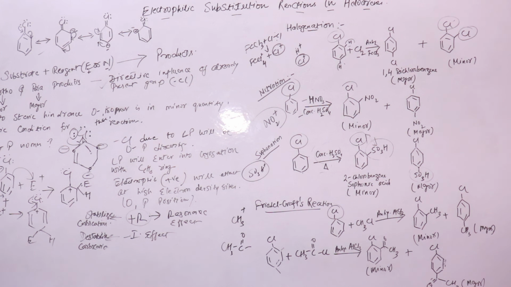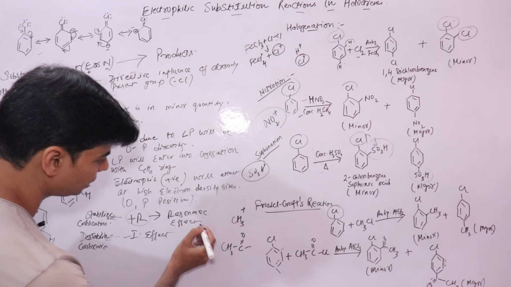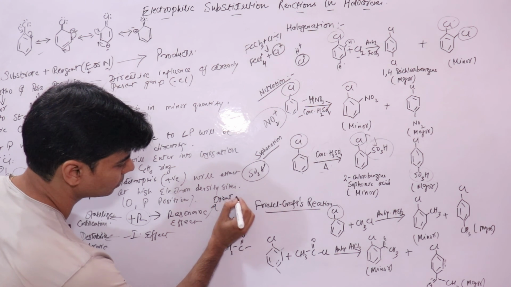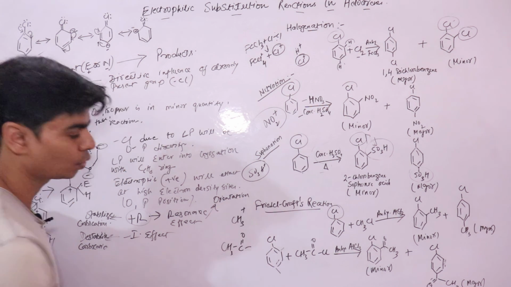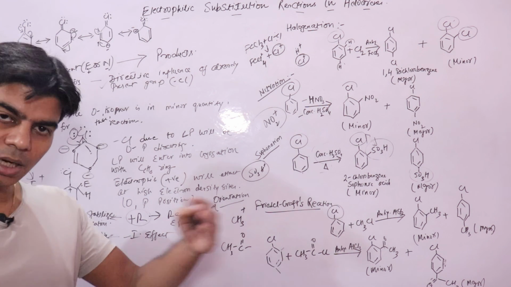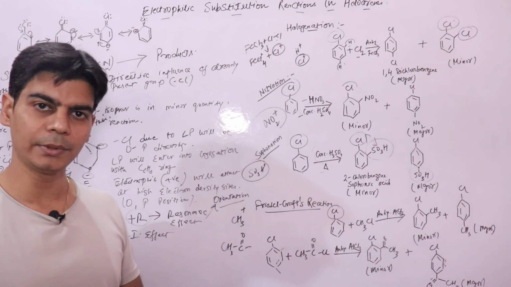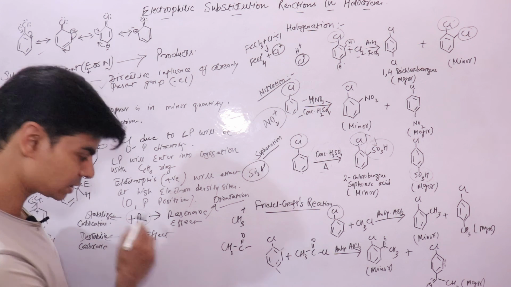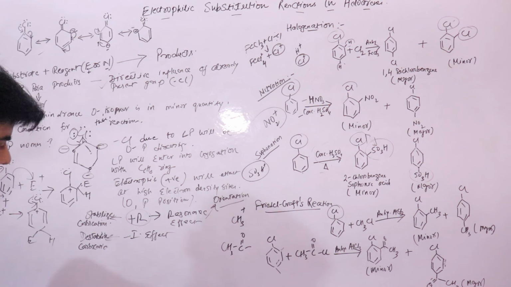So in chlorobenzene, the orientation, the incoming groups are oriented at the ortho and para positions. So the resonance effect in a way is controlling the orientation, because it is directing the incoming group to the ortho and para positions. Now we'll see what this minus I effect will do.